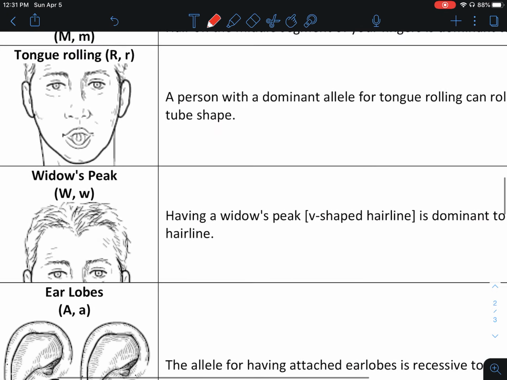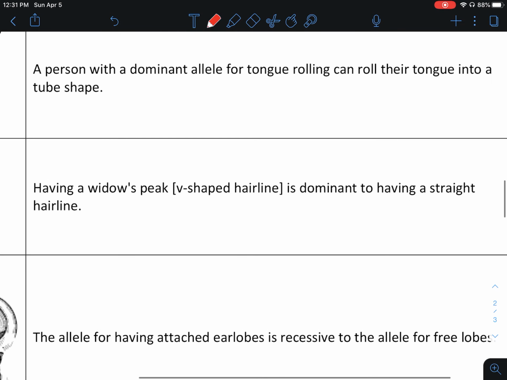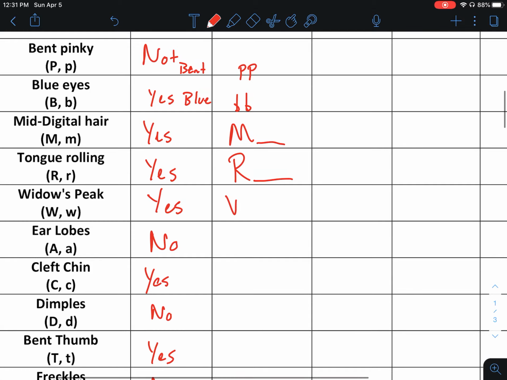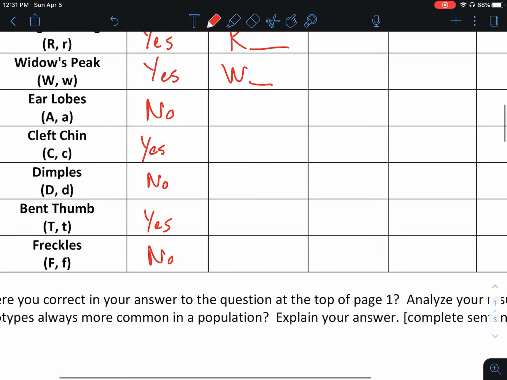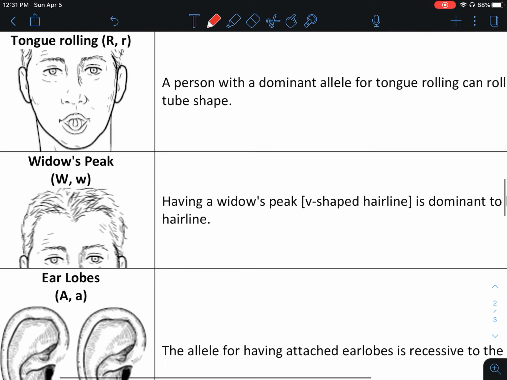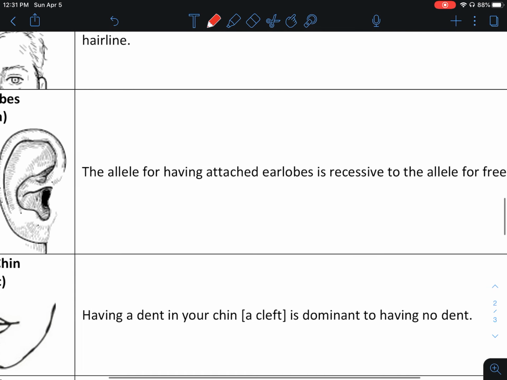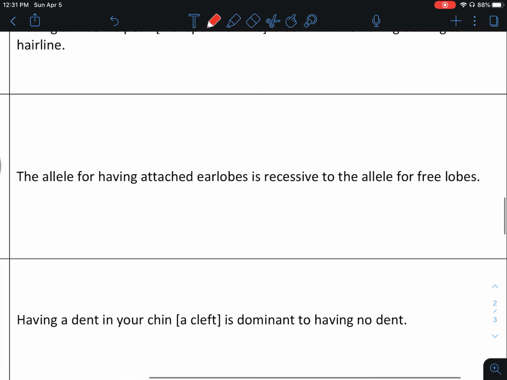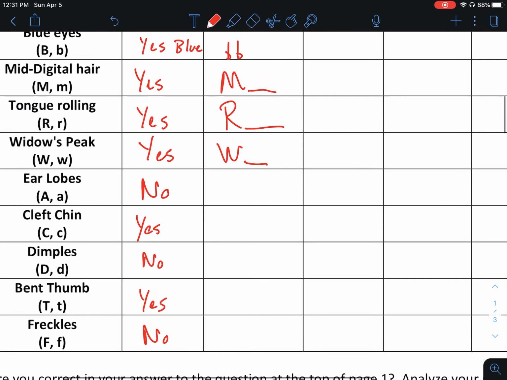Widow's peak, I have a yes for widow's peak. Having a widow's peak is dominant, so I have the capital W, and I don't have the second allele known. My earlobes are attached, and the allele for attached earlobes is recessive. Oh, I have the recessive allele there, so I have little a.